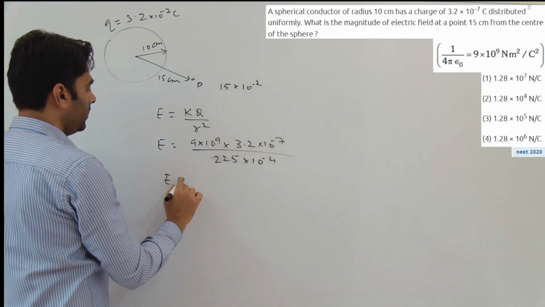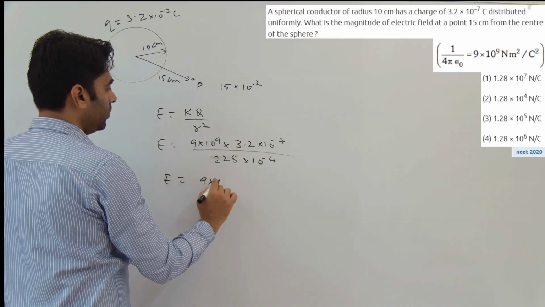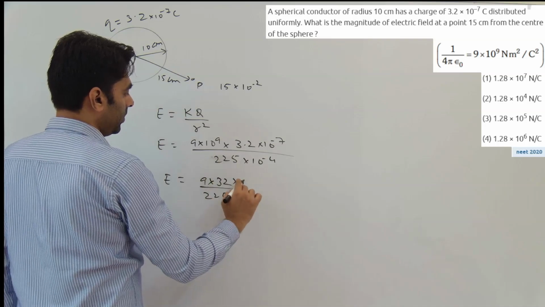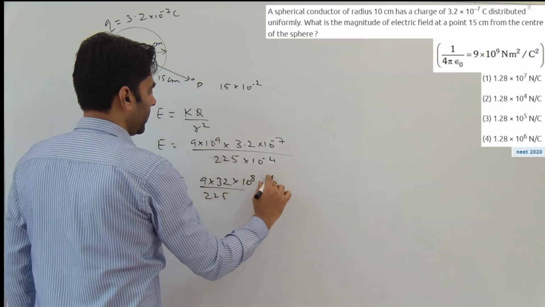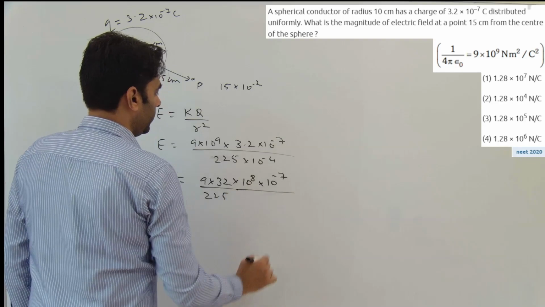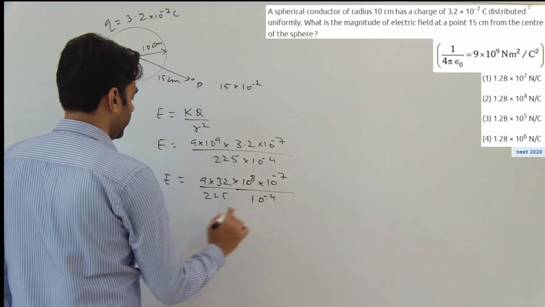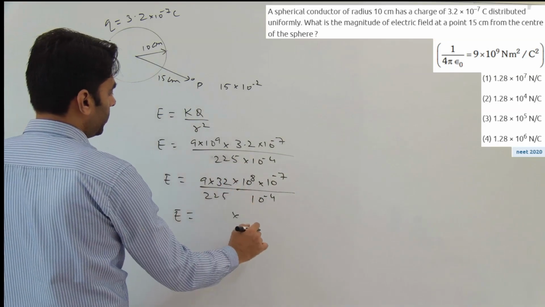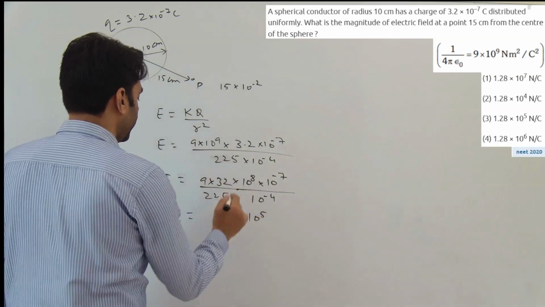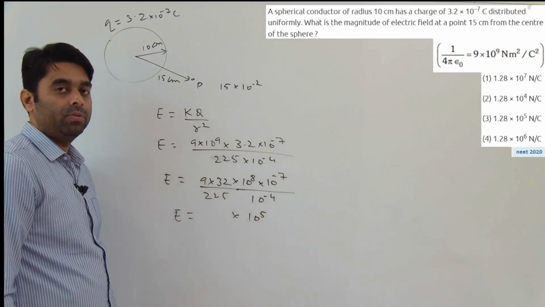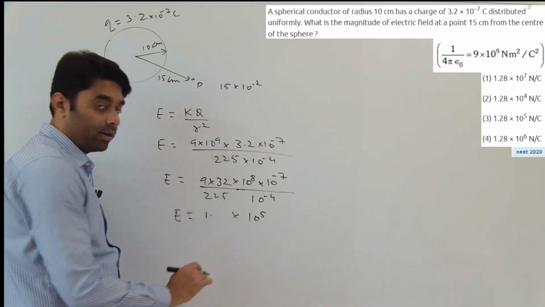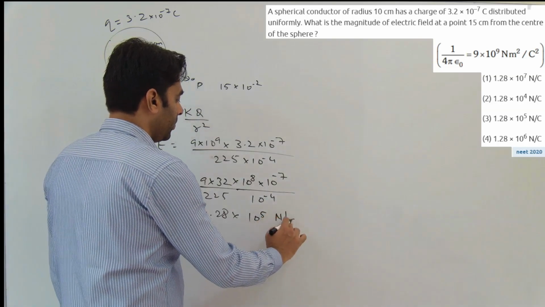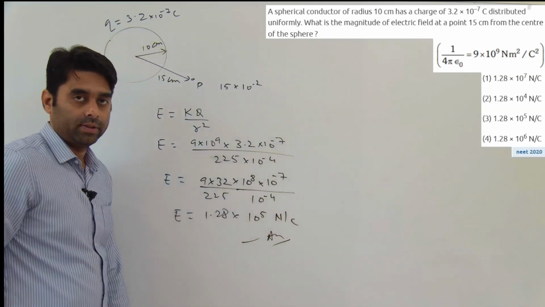So E is equal to 9 into 32 by 225, into 10 power 8 into 10 power minus 7 by 10 power minus 4. When we solve all this, we get 10 power 5. And when we solve 9 into 32 by 225, we will get 1.28. So 1.28 into 10 power 5 Newton per Coulomb. This is our answer, right?